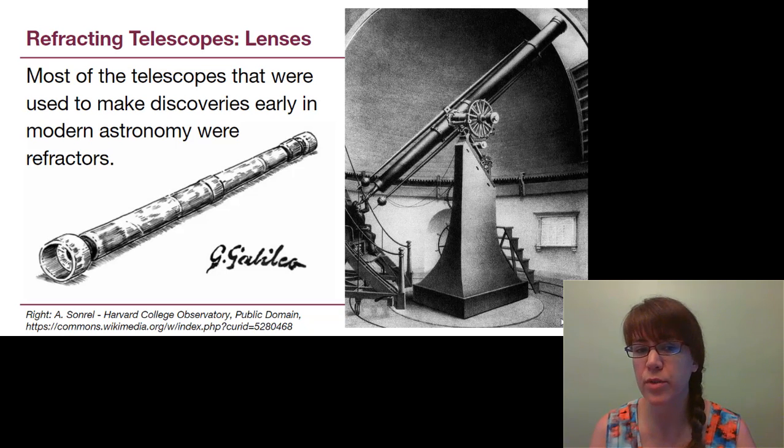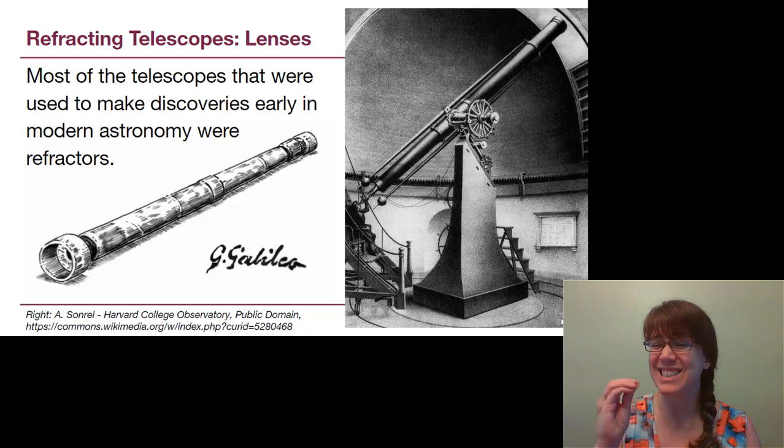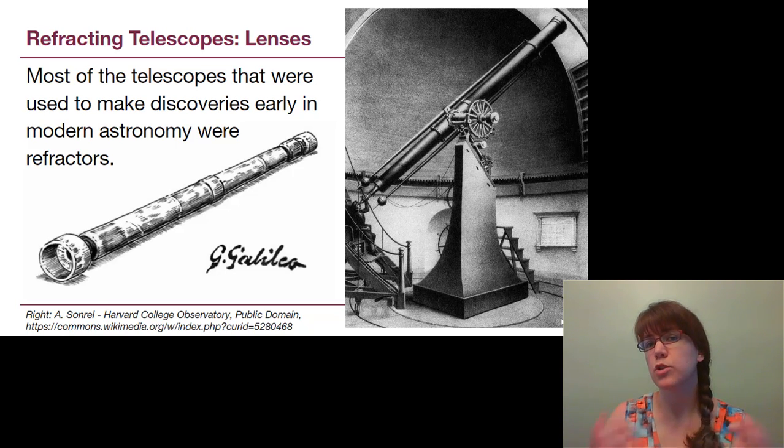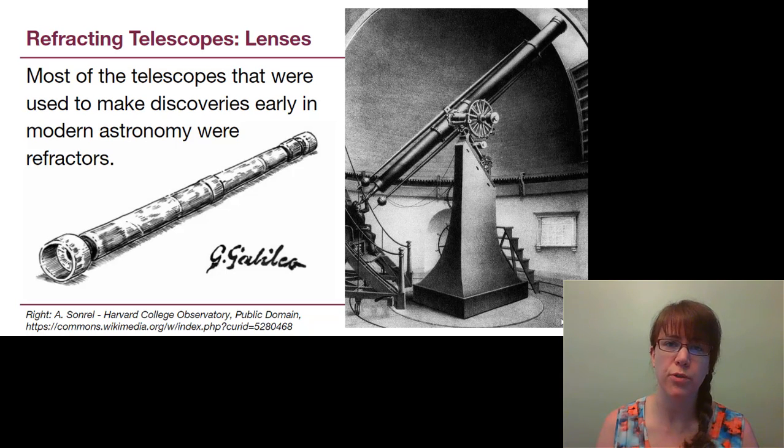On the right here we have the Harvard College Observatory telescope, which still exists as a telescope. You can go to Harvard College Observatory in Massachusetts and see it, but the dome is rusted shut, so they don't use it for scientific purposes. It's more of a historical feature.